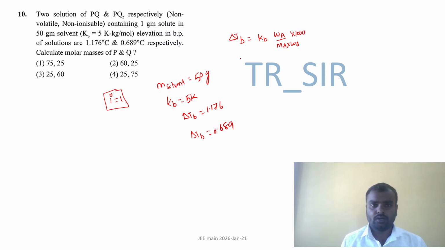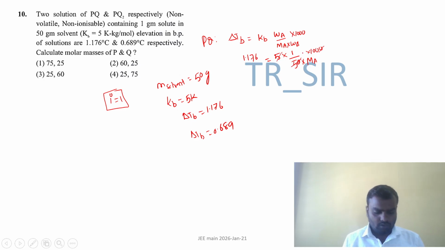Del TB for one case, if I take PQ, so 1.176 is equal to Kb, which is 5. Mass of solute is 1. Solvent is 50. And molecular weight we don't know, that only we have to find out. Molecular weight into 1000. So 0 0 cancel out, 5 5 cancel out.